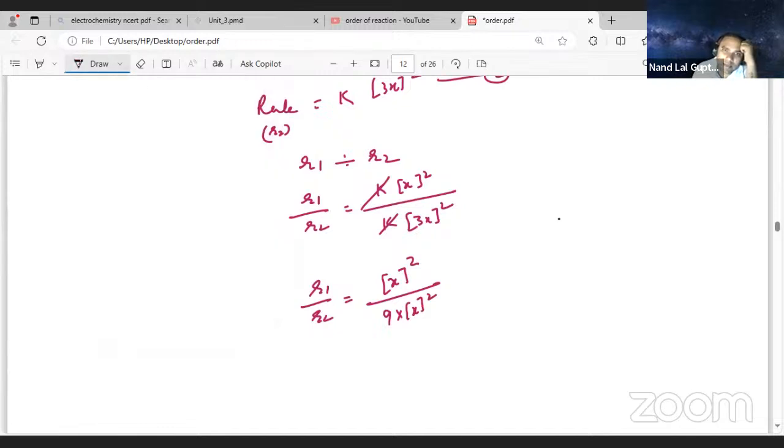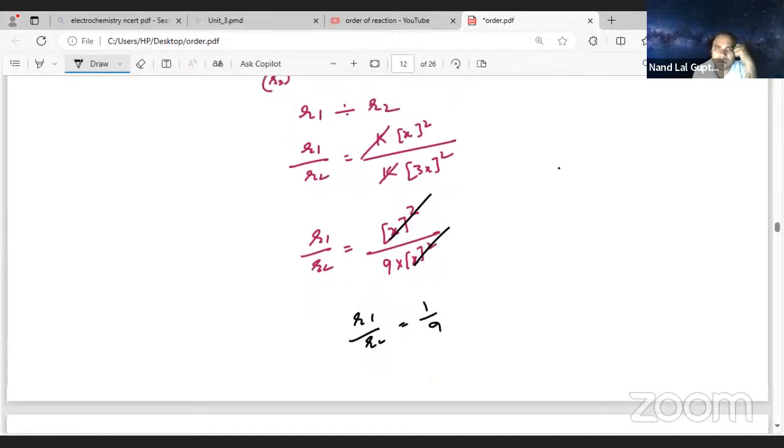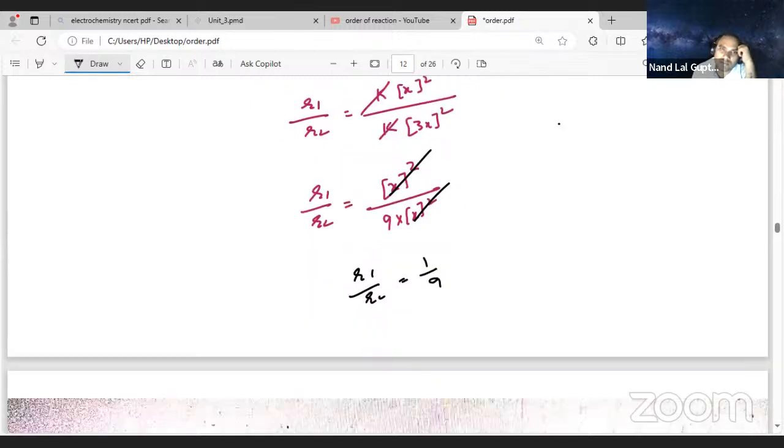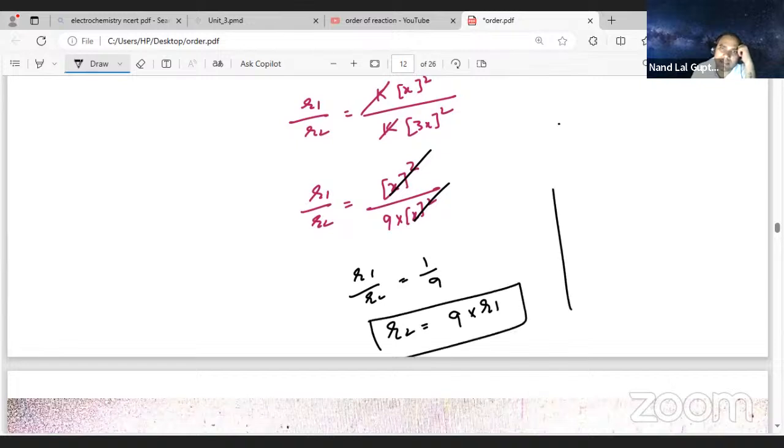This X squared and X squared cancel out. So R1 by R2 is equal to 1 upon 9. So R2 is equal to 9 into R1.